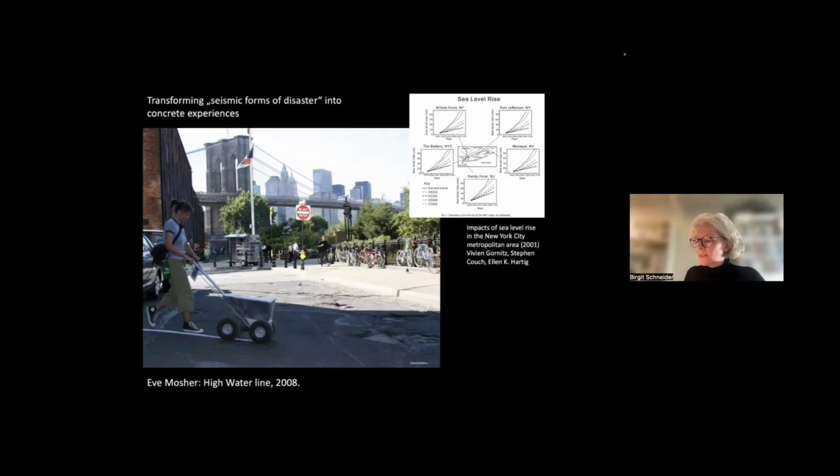And she didn't put her artwork into a museum, but wanted to actually perform it in reality, and by this bring these abstract lines into the reality of a city. And when later Hurricane Sandy crashed into New York, actually people who had seen this performance were quite aware why their buildings were flooded.